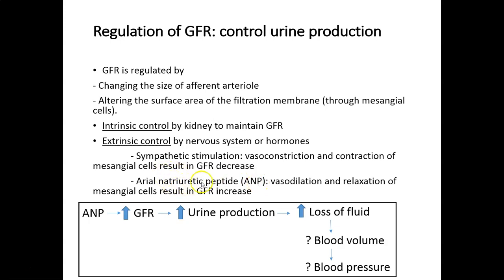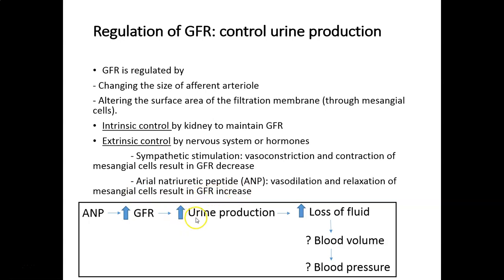Uretic means promoting urine production. So natriuretic peptide is a hormone that increases urine production. How does it do that? It's by vasodilation, so increasing the size of the afferent arteriole, and also relaxation of the mesangial cells, increasing the surface area, which results in a GFR increase.